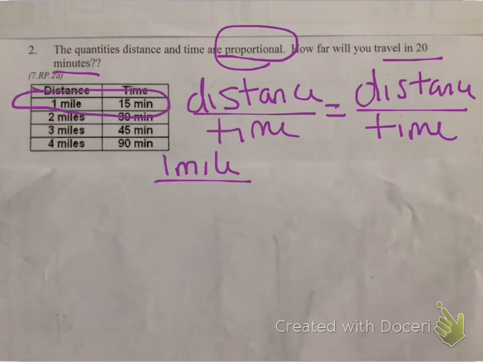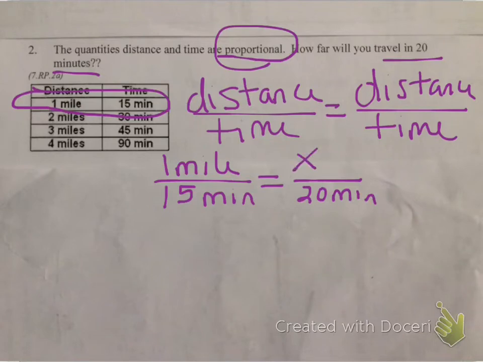I could use any of the values in that table, but I use the lower numbers because it's just going to make my life easier when I'm doing cross product property. Over 15 minutes equals, we want to know about 20 minutes. So I'm going to go 20 minutes goes down here, and I don't know how many miles, so that would be x miles. And I could use the cross product property to solve that.